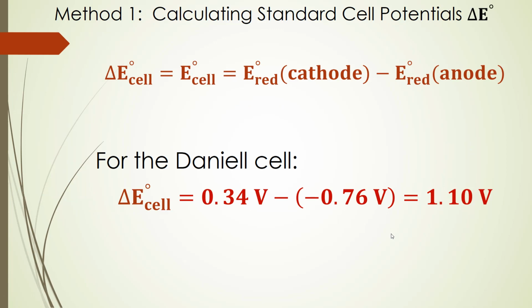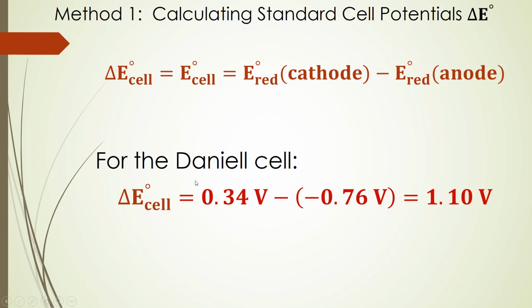So how do we calculate the standard cell potential, delta E cell? Remember, all of these notations are the same, delta E naught cell, or just E naught cell. And we get all of them in the same way. We take the reduction potential for the cathode, so make sure you identify which is which first, and you subtract the reduction potential for the anode.